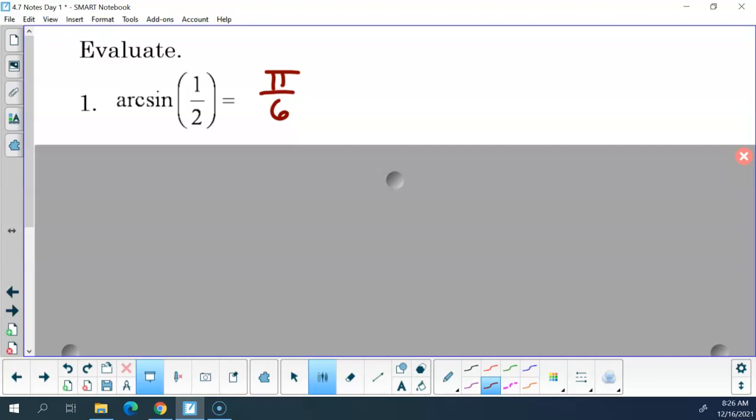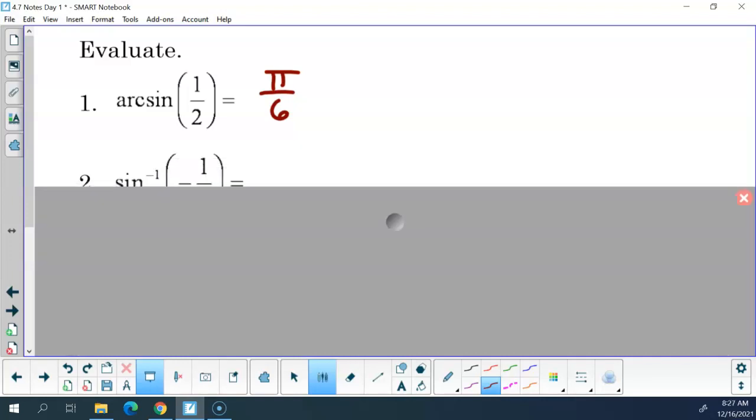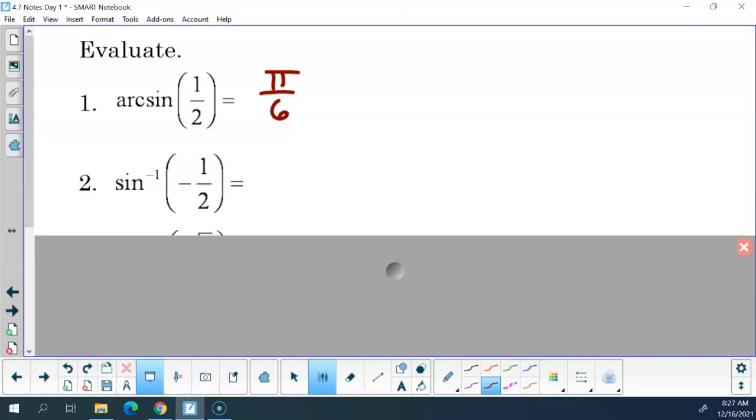Okay? Now, here's where your minds are going to get a little bit frazzled. Ready? Steady, go. Where on the right half of the unit circle is sine equal to negative 1/2? Pi over 6? 11 pi over 6? No. Why is it negative pi over 6 and not 11 pi over 6? So what do our values have to be in between?